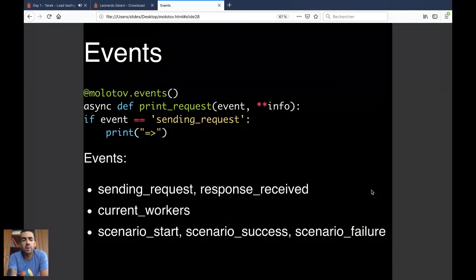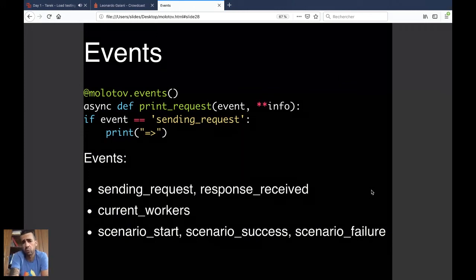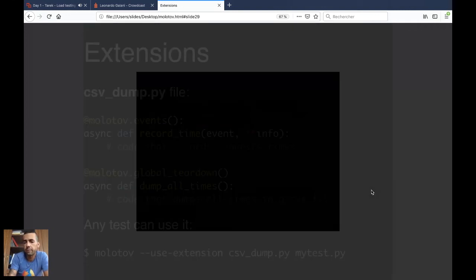And we have events in many places throughout the life cycle of a load test. When we send a request, when a response is received, when the scenario starts, when the scenario fails, etc. So again, Molotov is basically a bunch of little functions you organize using decorators.